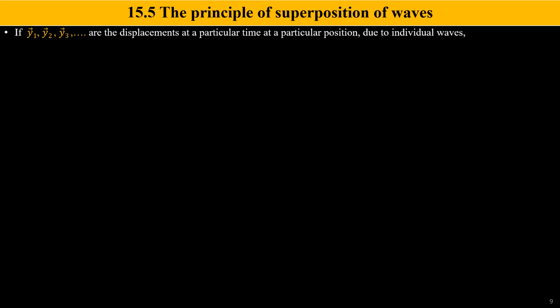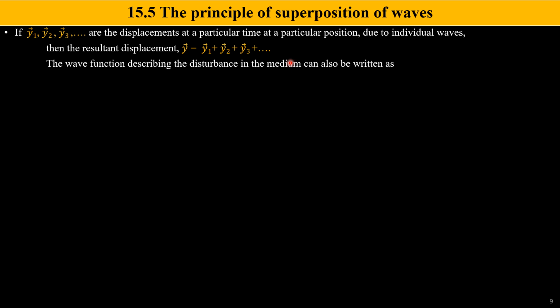If y1, y2 and y3 are all displacements at a particular time and at a particular position due to individual waves, then the resultant displacement is given by y is equal to y1 plus y2 plus y3 plus etc. This is the principle of superposition of waves.